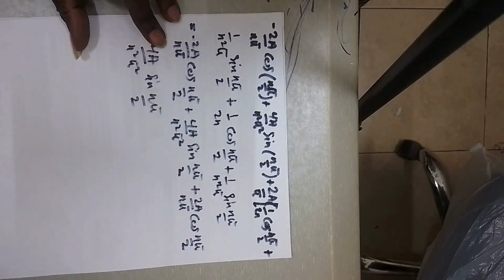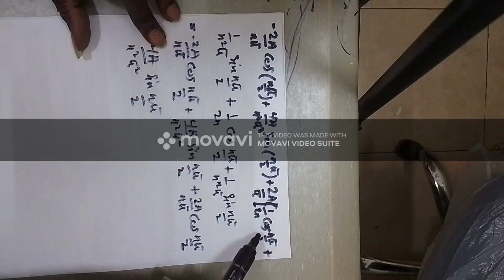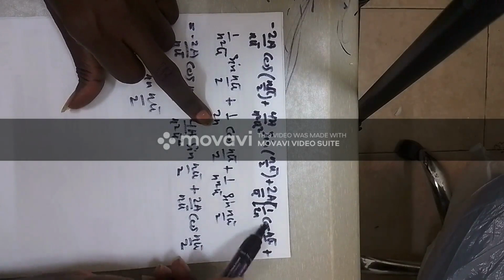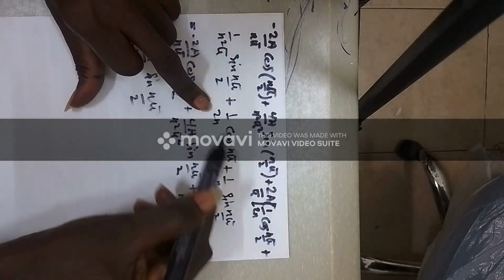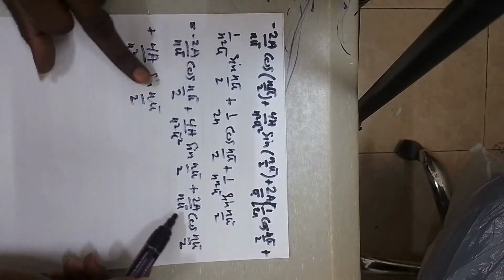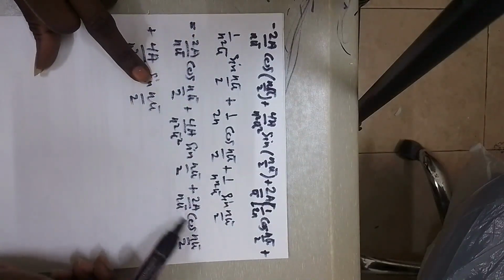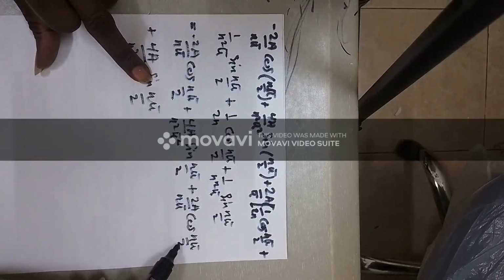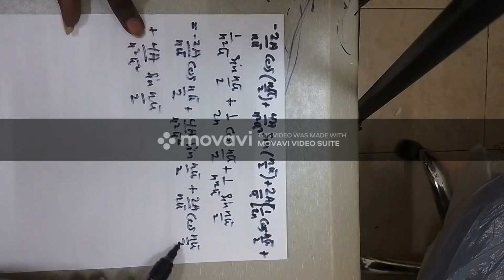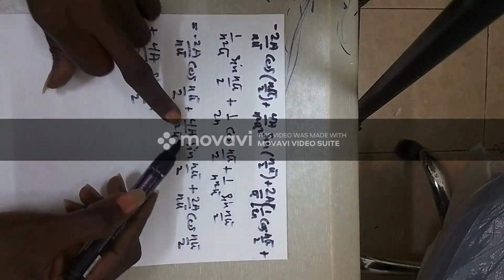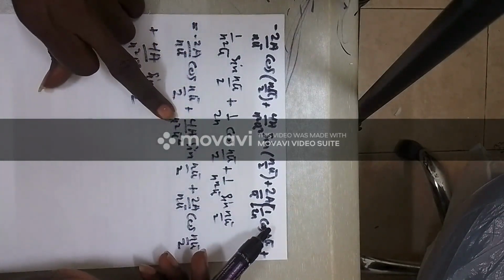Okay, so why am I having these things? What you can see is that this one and this one are the same: 1 over 2n cos n pi on 2, and 1 over 2n cos n pi on 2. So when I add this one and this one, that is what is giving me 2a over n pi, multiplied by cos n pi on 2.